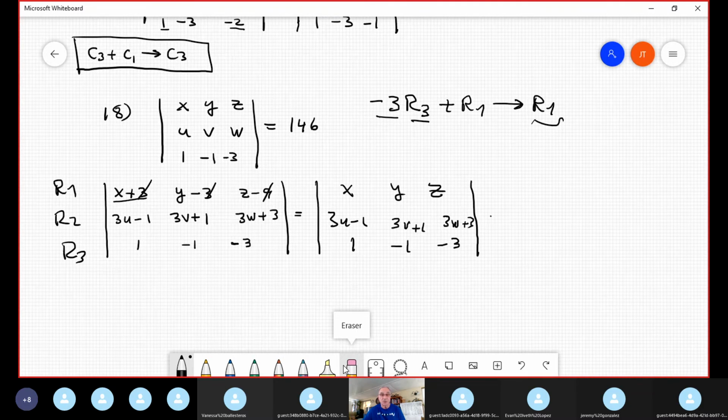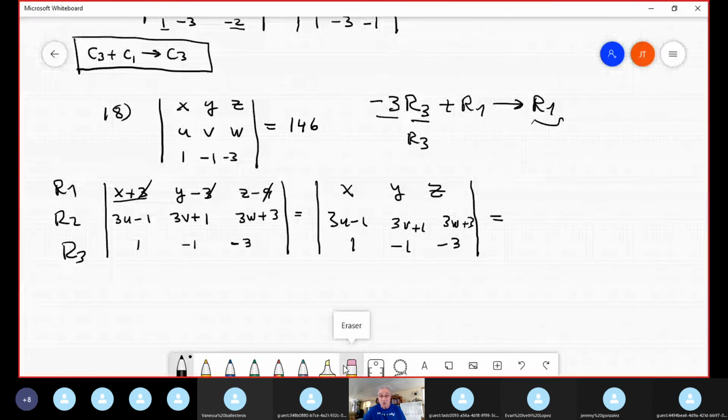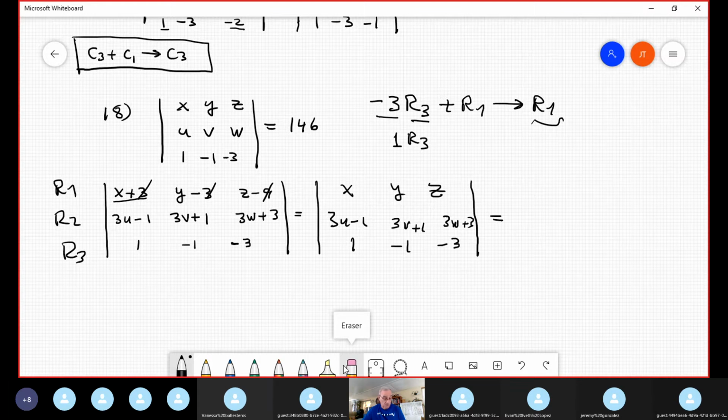Okay, so I propose another row operation because I want to eliminate this negative 1, positive 1, and 3. It is row 3 multiplied by 1, positive 1, plus row 2, stored in row 2.